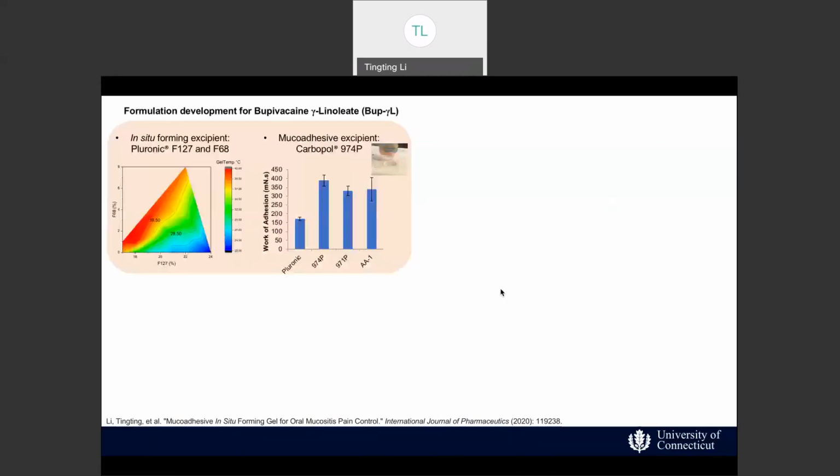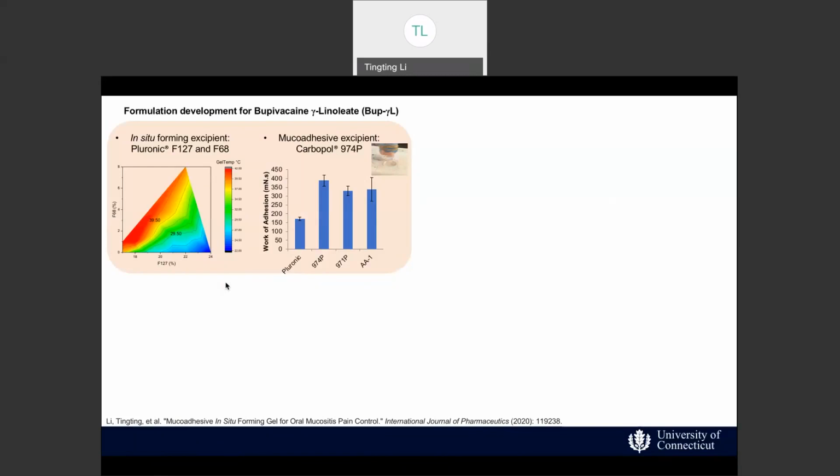So first of all, to develop this formulation, we need to make some efforts towards excipient selection as well as excipient concentration determination. The first step is we looked at the main excipients for the in situ forming properties. Here I used Pluronic F127 and F68. The figure on the top left gives us the result of gelation temperature at different combinations and concentrations of F127 and F68.